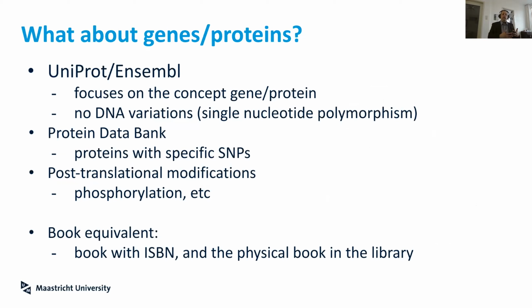And the equivalent here, for example, at the bottom of this slide, for books, we have the ISBN identifier, the International Standard Book Number, that reflects the concept of the book, but an individual book will have a unique identifier in a library as well, because that physical book has two identifiers: an ISBN number, which refers to the edition of the book, which might be different from another edition of that book, but it will also have a physical location, or even an identifier in the library database as well.